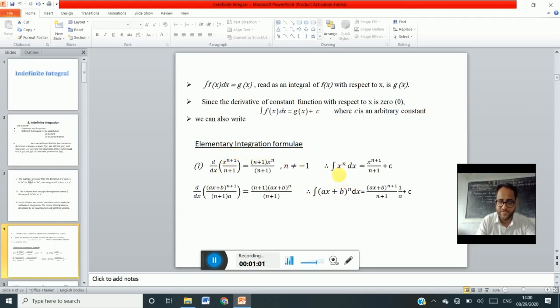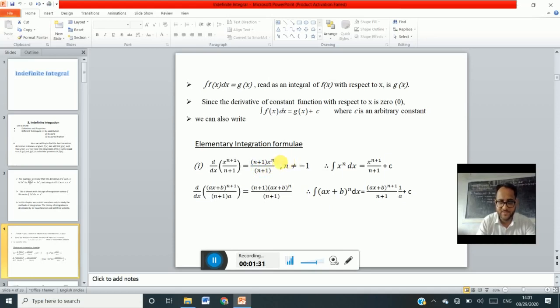We know that the derivative of x to the power n plus 1 is what? Now integration of x to the power n is x to the power n plus 1 upon n plus 1. Okay, how is it found? See, if we consider the derivative of x to the power n plus 1 upon n plus 1, n plus 1 is constant, and the derivative of x to the power n plus 1 is n plus 1 into x to the power n plus 1 minus 1.